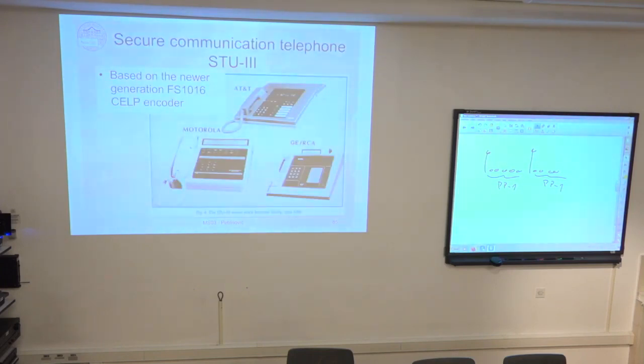The newer versions, maybe from the 80s, 86, you can see here, of these secure telephones are shown in this image, and they were based on newer standard, Federal Standard 2016, that had a more advanced code-excited linear prediction encoder.